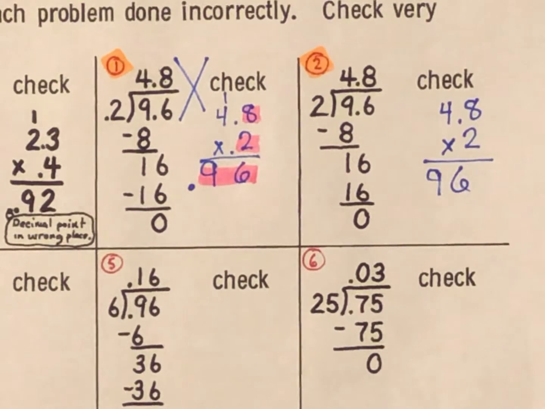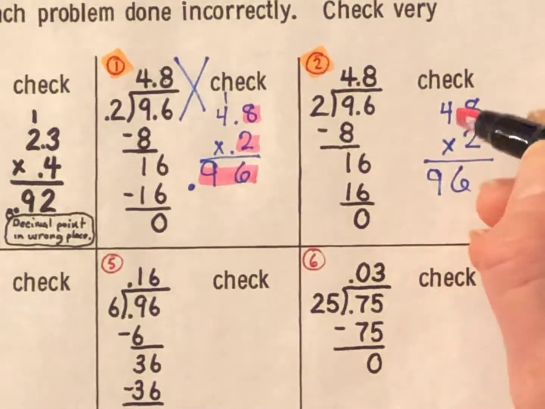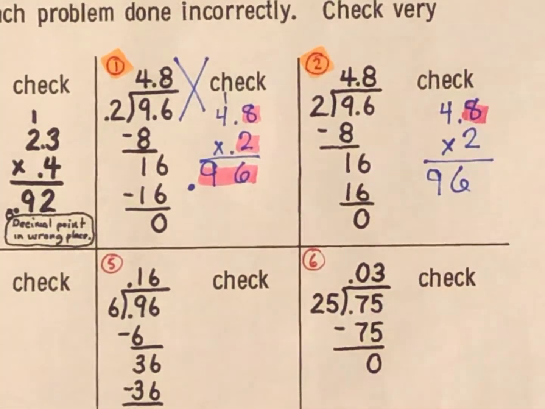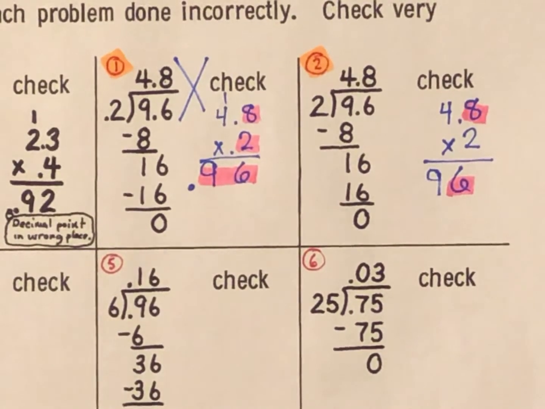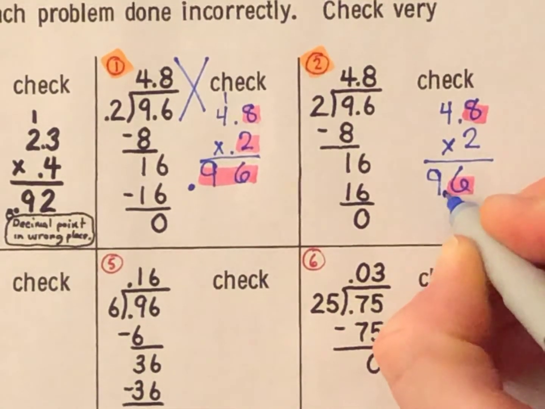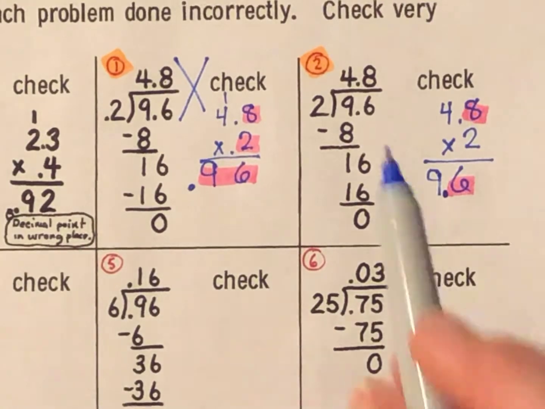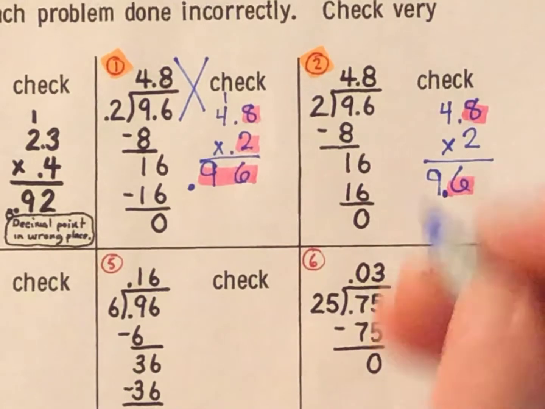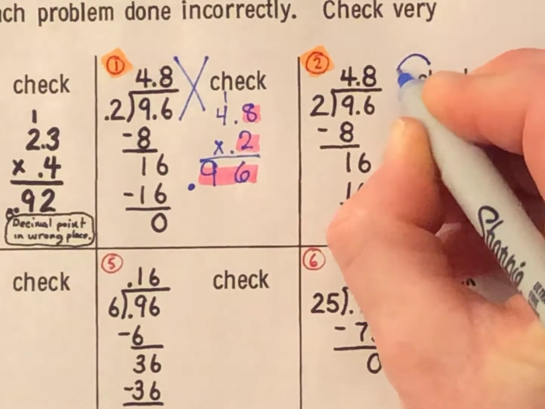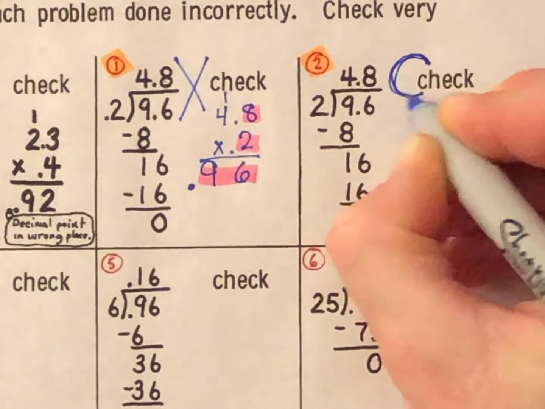This time, though, I have 1 digit to the right. So my quotient, my answer should have 1 digit to the right. 9.6. And that is my dividend. They are the same. So number 2 is correct.